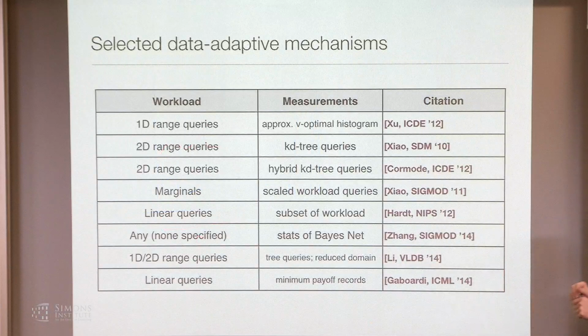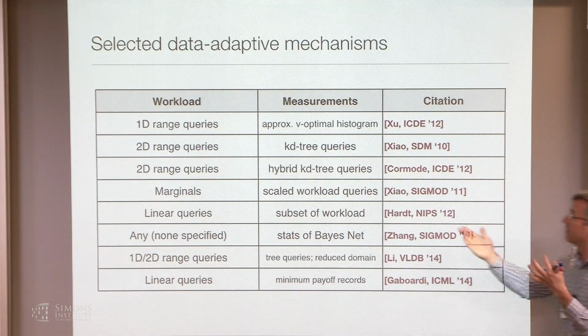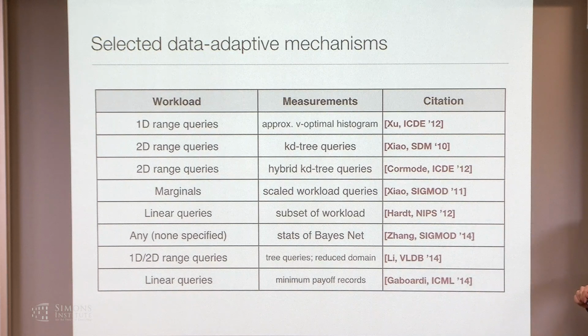This technique privately learns the structure of a Bayes net that would fit the data well, and then in a subsequent step measures the statistics that underlie the Bayes net, and then does some reconstruction. And then there's dual query, which I guess you could say tries to measure minimum payoff records or something like that.